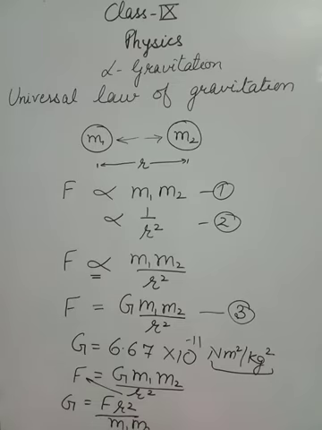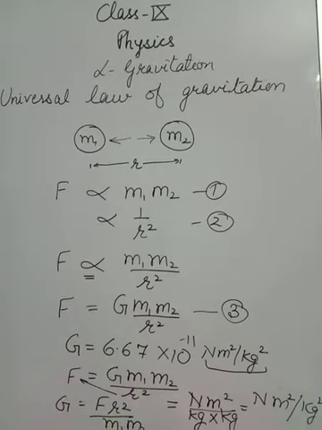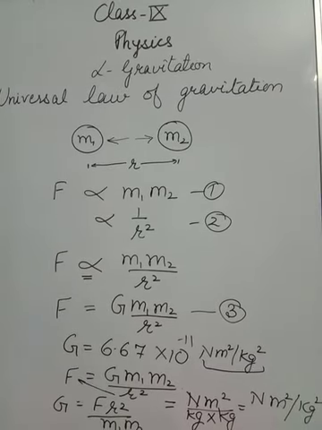The unit of force is Newton, into r is distance, so distance square means meter square, upon mass m1 measured in kg into kg. So we get the units Newton meter square per kg square. That is how we can get the units of G.